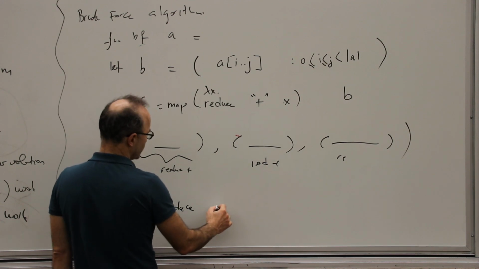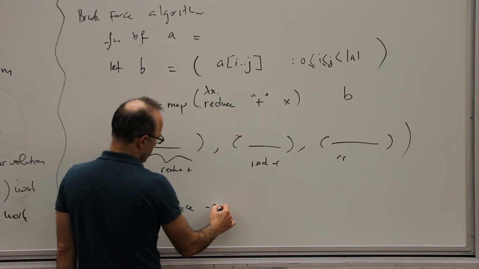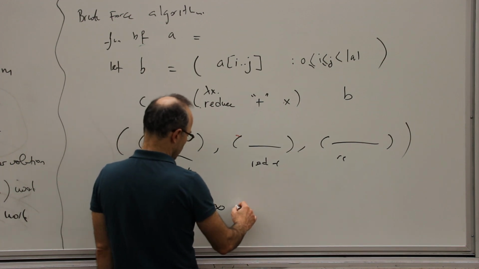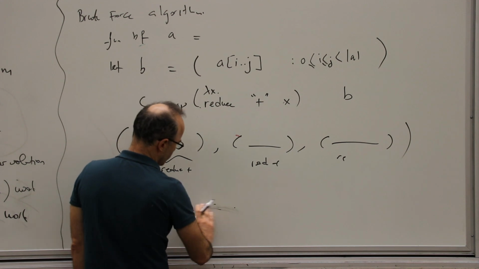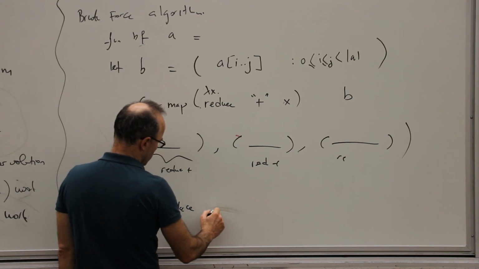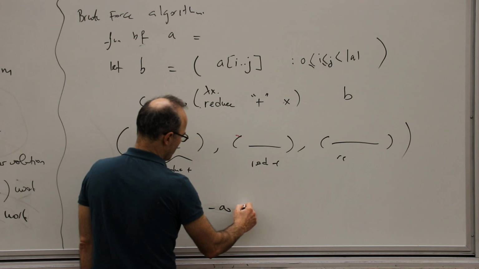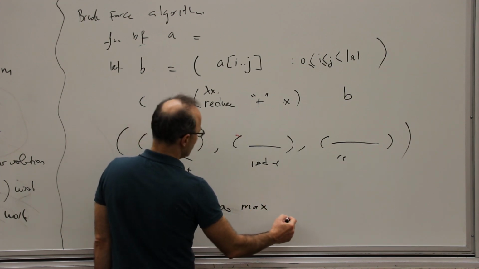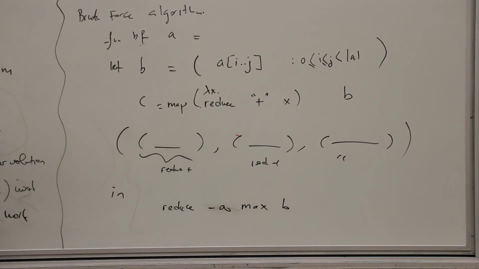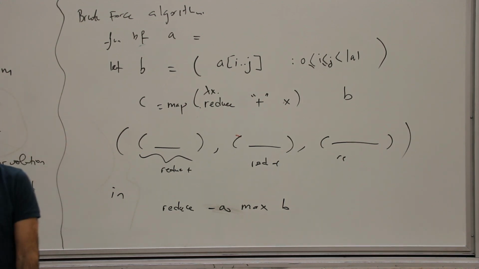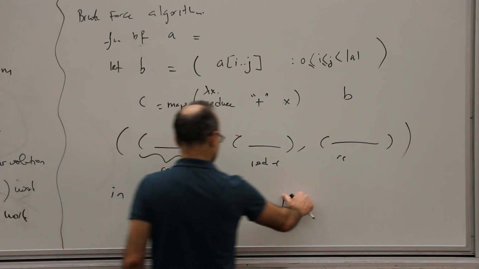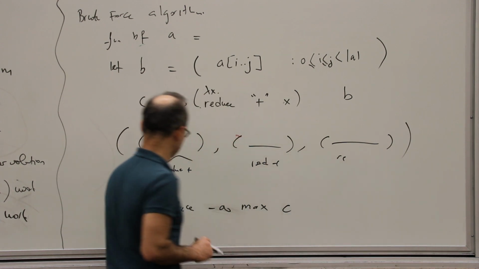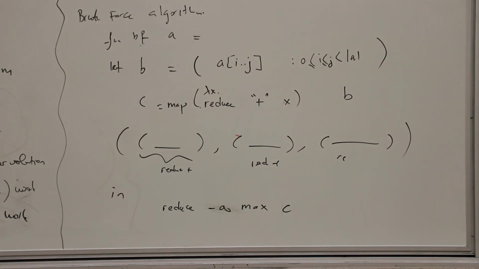The identity for max is minus infinity. Which way did we order things? I forget now. Anyway, minus infinity and max. So that gives us the maximum contiguous subsequence. That's the brute force algorithm.